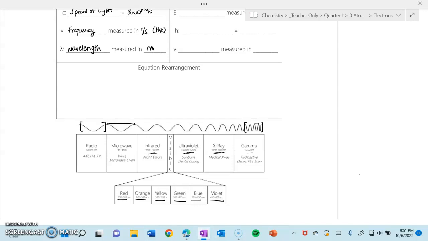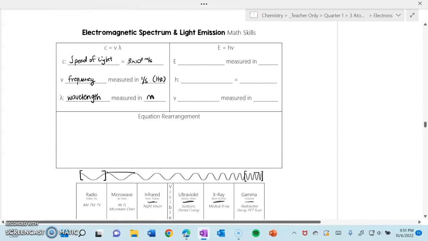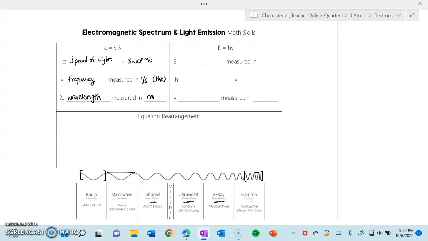The other equation that relates to frequency and energy is E, standing for energy, and it is equal to h times frequency. So our h stands for Planck's constant, which is another constant that we'll be using relating energy and time.